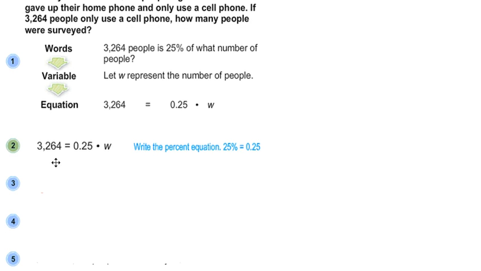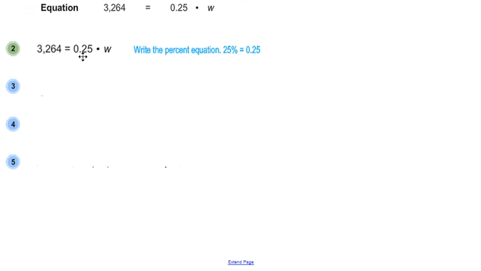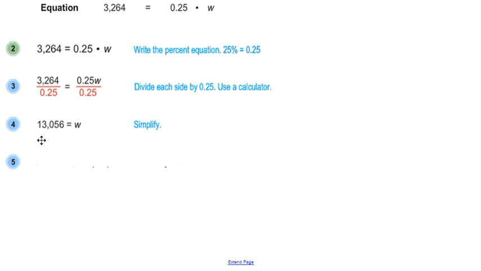So now we have 3,264 equals 0.25 times W. We're going to divide both sides of the equation by the number that's being multiplied by W, and that number is 0.25. So I'm going to divide by 0.25 on both sides, and now I'm left with 13,056. So that means that 13,056 people were surveyed.